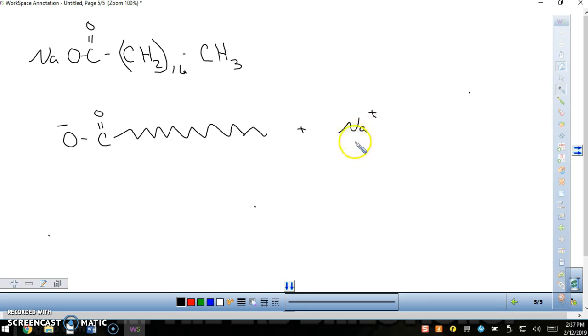Here, water will attach to that, creating an ion-dipole, but water will also do the same thing on this end. So this end of the molecule is very polar. Now, for us, that means that it's soluble in water. This end is nonpolar.